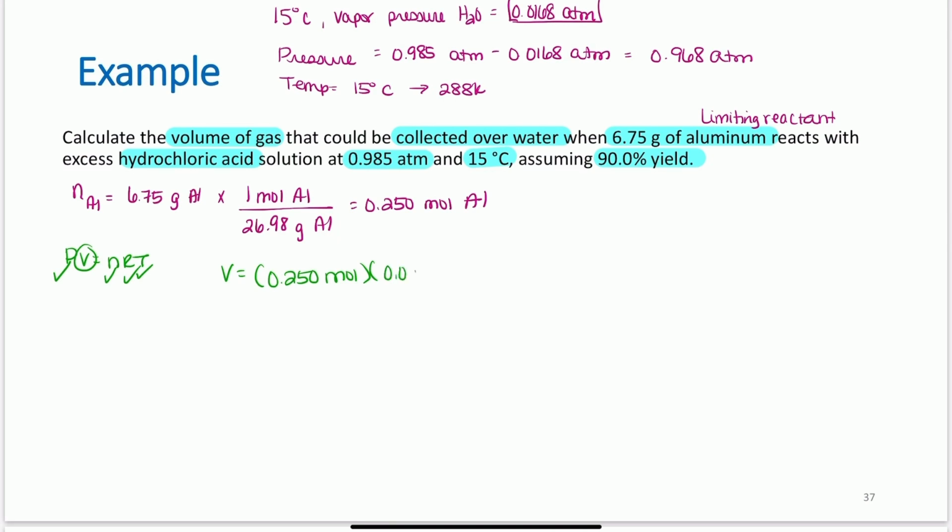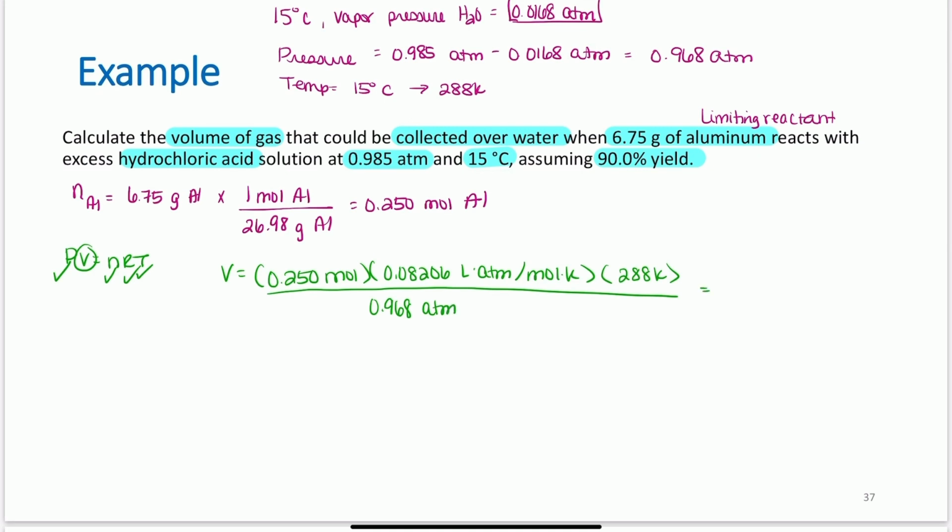Gas constant 0.08206 liter atmosphere per mole K. Temperature 288 K. And the pressure 0.968 atmosphere.